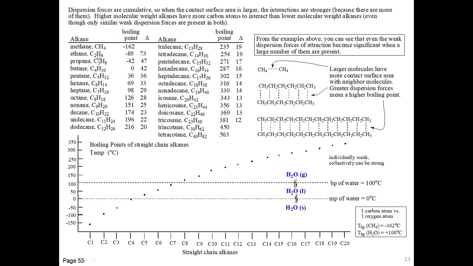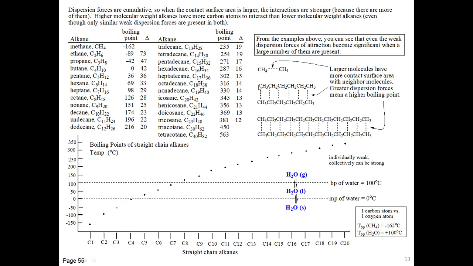Now, if I add on another carbon there, now I got two of them, so they're going to have a stronger interaction, say twice as much surface area interacting, and you can see the boiling point jumps up to minus 89. That's still super low, but that extra carbon took 73 degrees more to get it to boil. And if we keep going up, you can see it gets higher and higher.